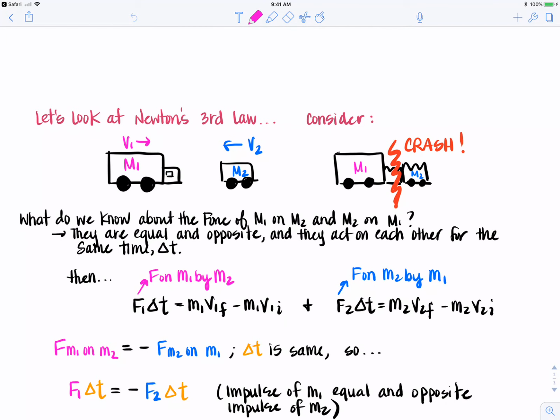If F delta t is equal and opposite for each of these objects, then the impulse is equal and opposite for each of these objects. If the impulse is equal and opposite for the truck and the car, then the change in momentum is equal and opposite for the truck and the car. And that comes from, again, impulse momentum theorem, where impulse is equal to the change in momentum. So if impulse is equal and opposite, then the change in momentum is equal and opposite.